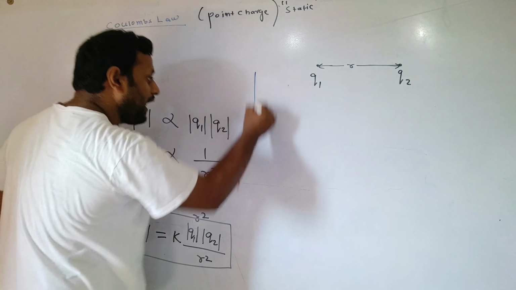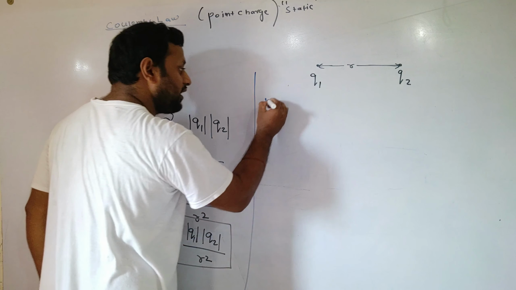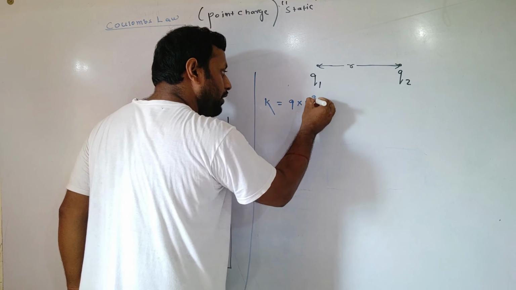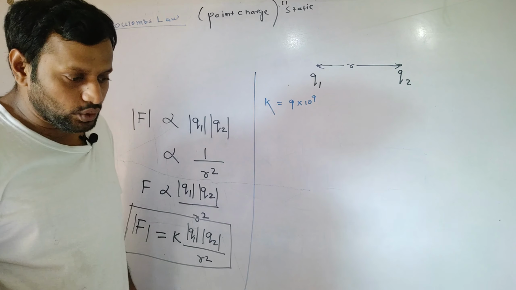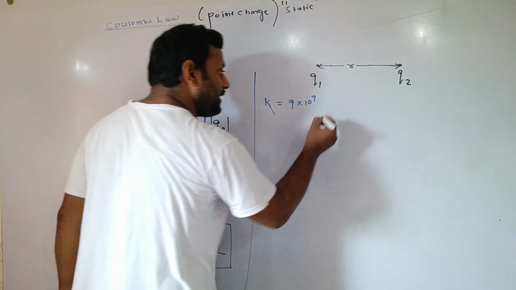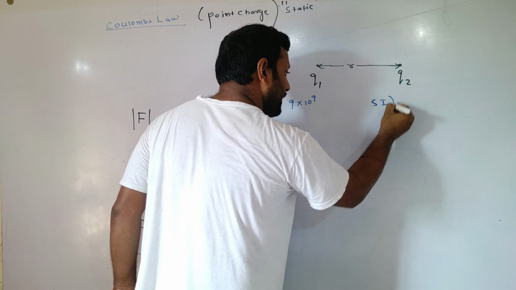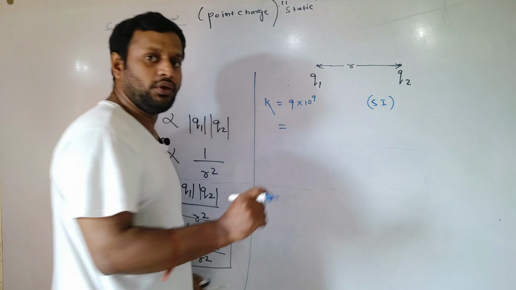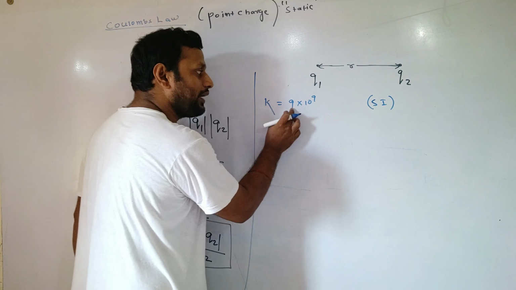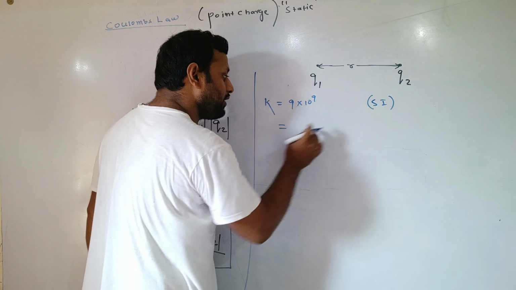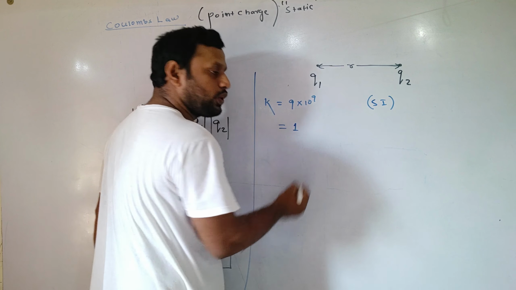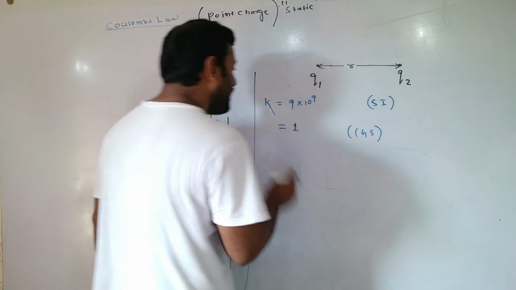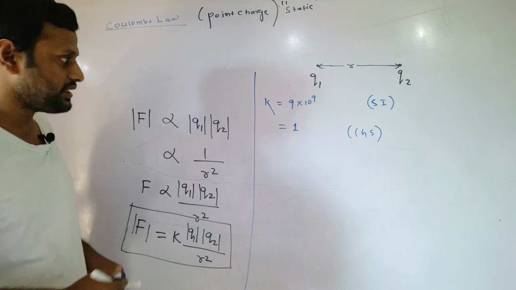Considering only the value, not the unit and dimension, the value of K is 9 into 10 to the power 9 in SI units, and the value of K is 1 in CGS units. This is called the Coulomb constant.